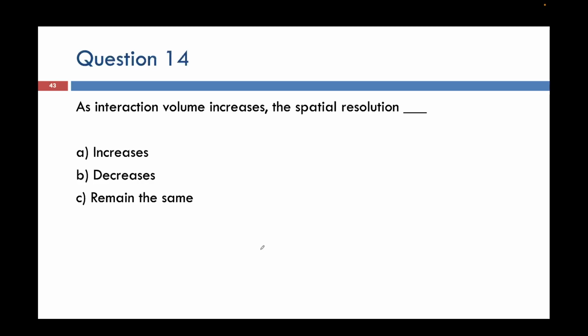Interaction volume increases. No, the resolution I am talking about, not the information that we will get. B is the answer. Okay. When the interaction volume increases, I am talking about the resolution, not the amount of information that we will collect. Of course, the amount of information that we will collect will be large. That increases.